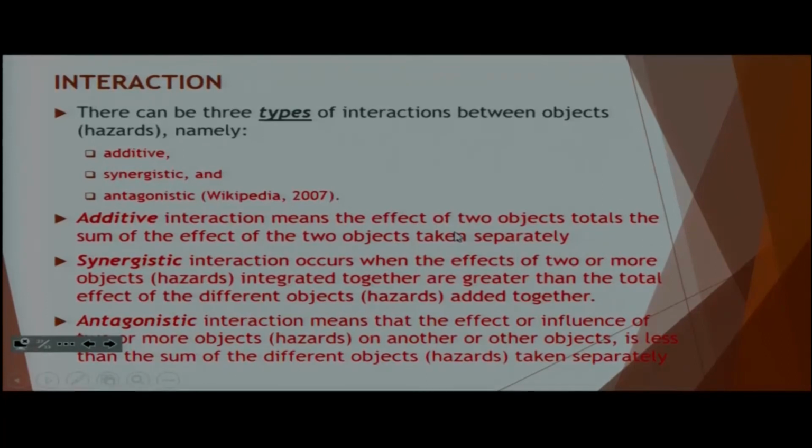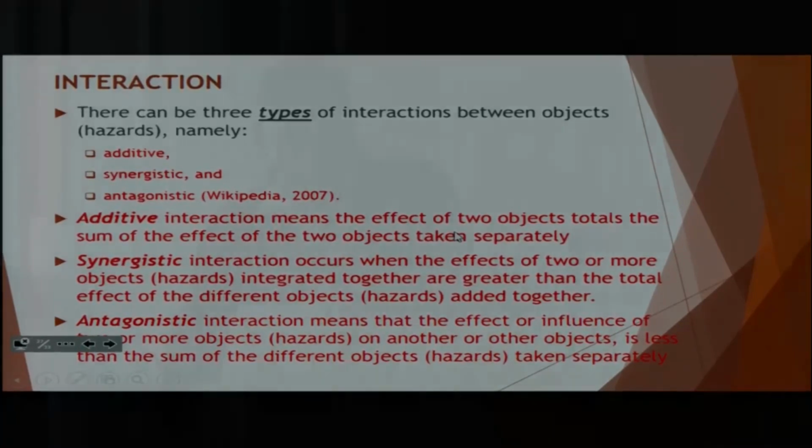Additive interaction means the effect of two hazards or objects totals the sum of the effect of the two objects taken separately. So that means you're adding something on top of something, but when you look at it differently, it's going to give you the same balance.